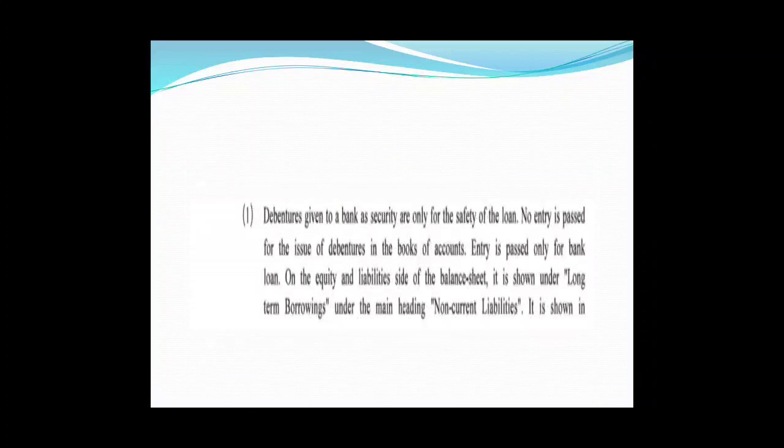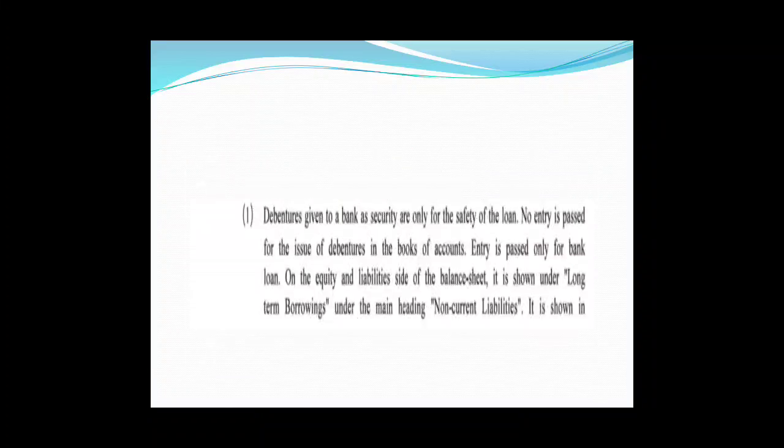And moreover, as no entry is passed for the debentures, the debentures amount is not added, but as information inside the balance sheet, it is mentioned that so many debentures are issued against the loan as a collateral security.